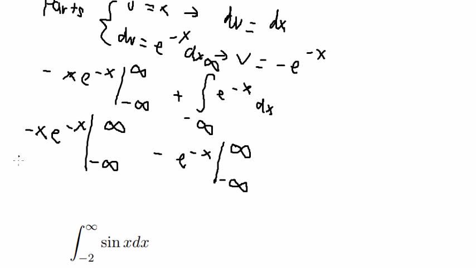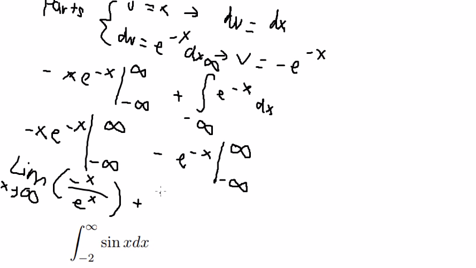So for this one we get negative s over e to the power of s, and we have the positive sign in here. We go negative with negative, that's why you get a positive.